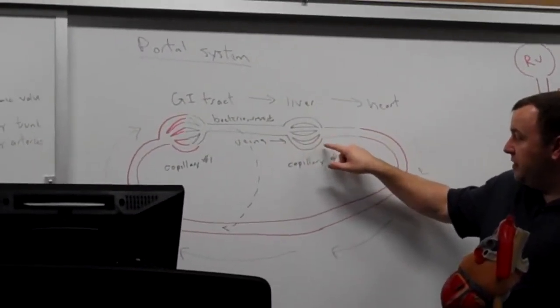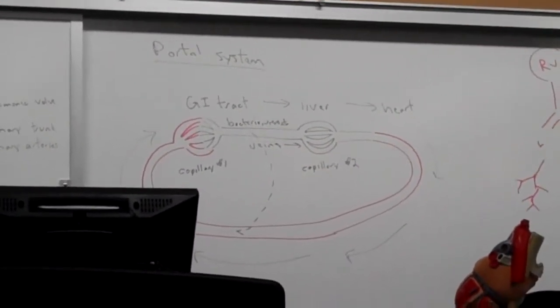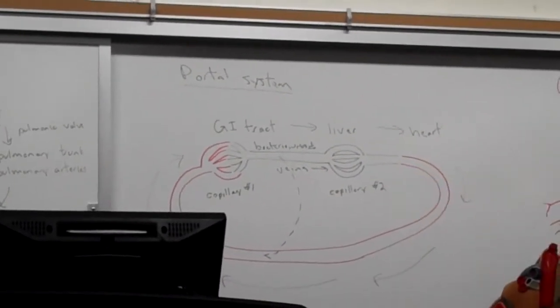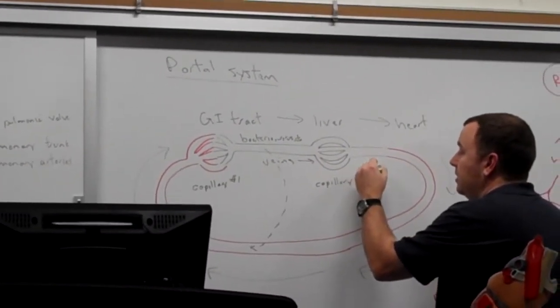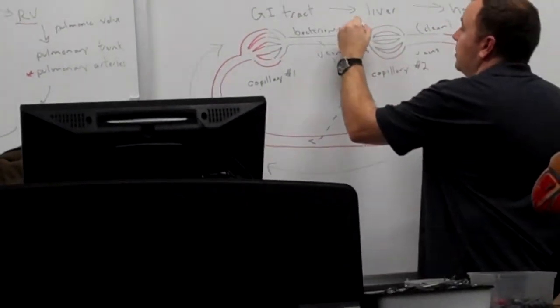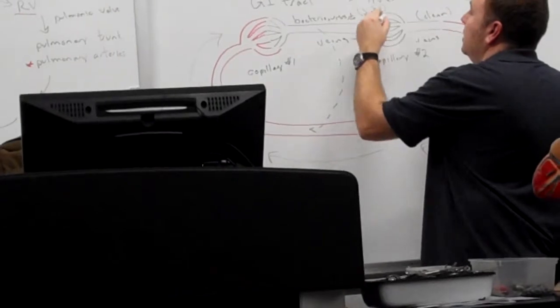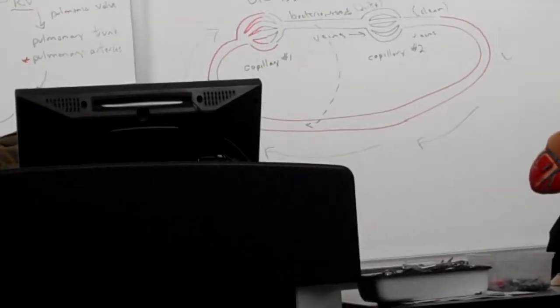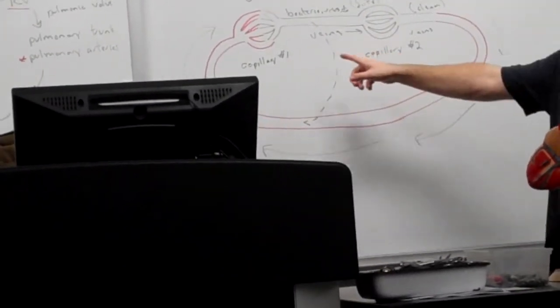And then again, you'll have these veins form on the other side of it as well. But now this blood should be clean coming out of it. So we'll call this clean, and we'll call this dirty. It's really just a way to filter the venous blood that is coming from the GI tract.